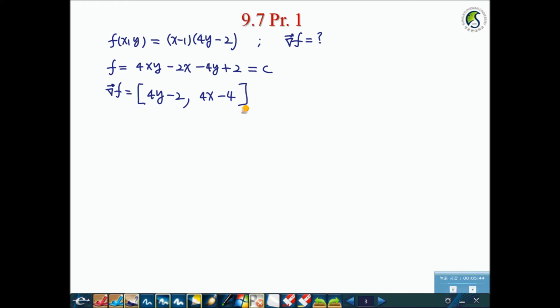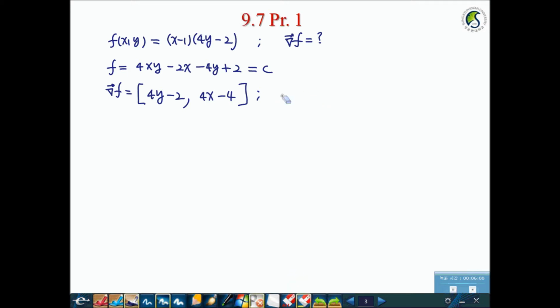So that's del f. So del f is a vector function of x and y, right? So depending on the position P, the gradient changes. Okay? The gradient changes.